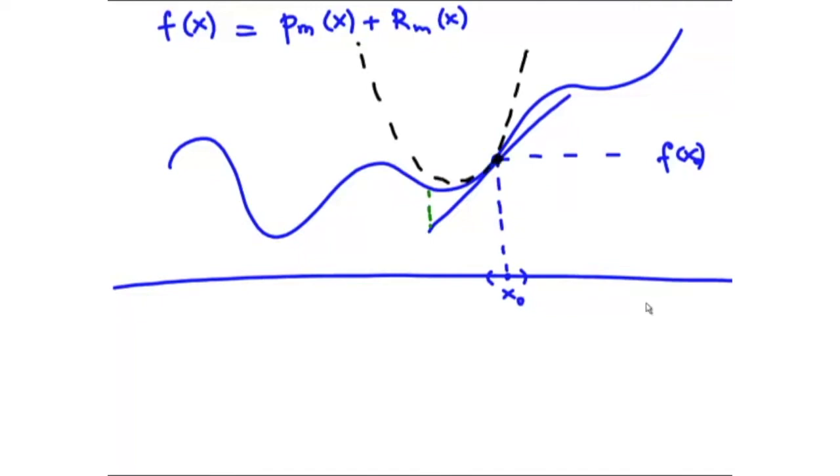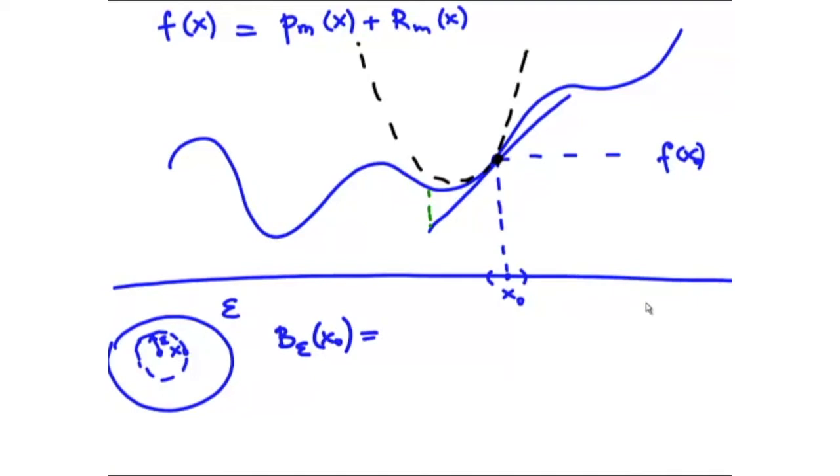In general, in higher dimensions, let's say in 2 dimensions, if I have some 2-dimensional region and some point x0, then the neighborhood of this point is what we call the epsilon ball around this point. The open epsilon ball we will denote by B epsilon of x0.